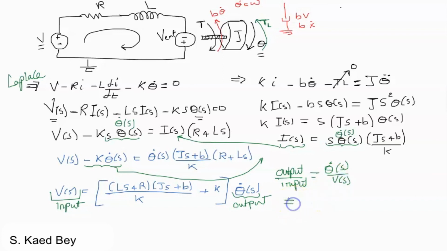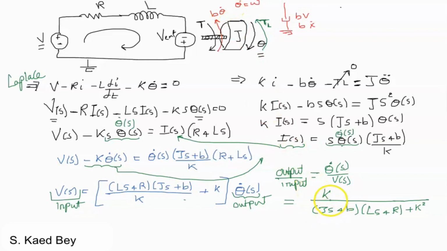This equals, if you do the calculation, something like K over (J s plus B) multiplied by (L s plus R), plus K squared. And the K squared is coming from the common denominator over here.